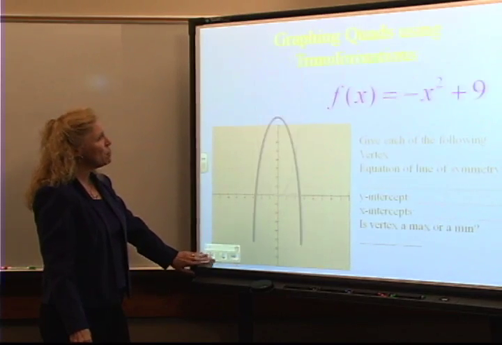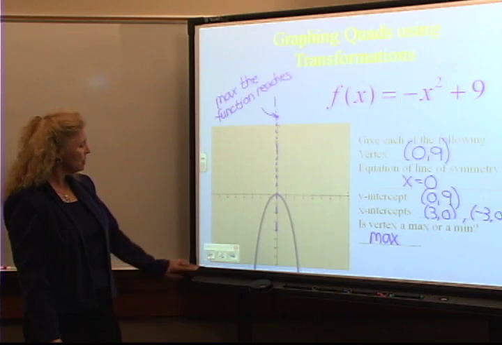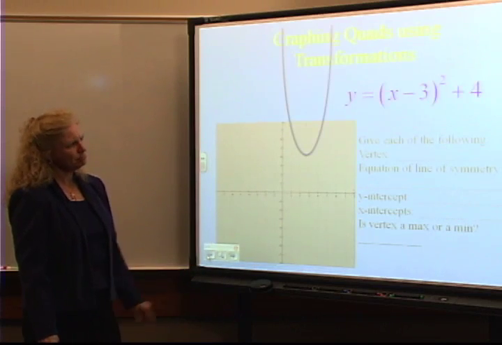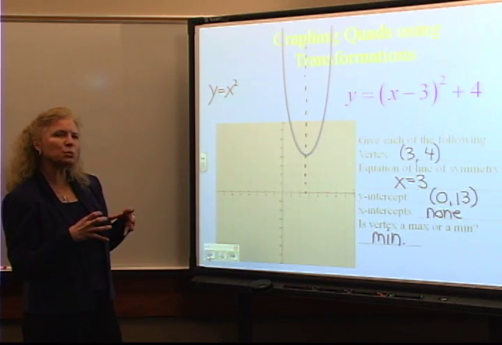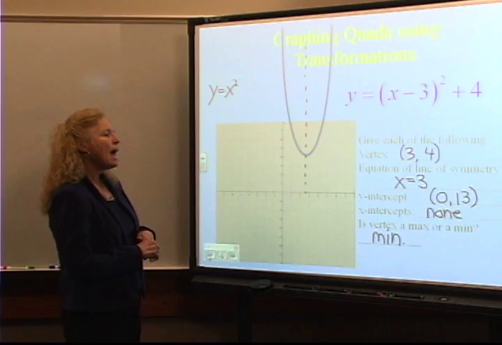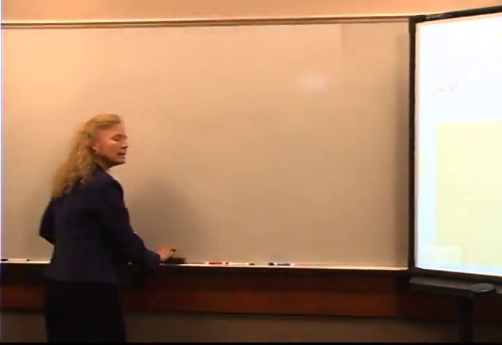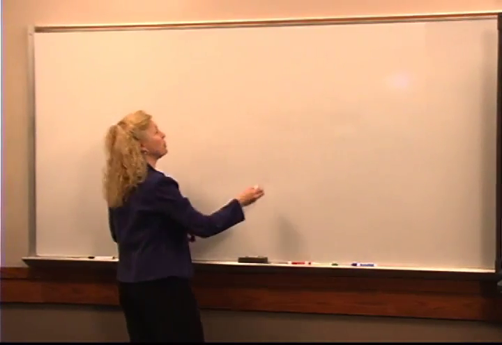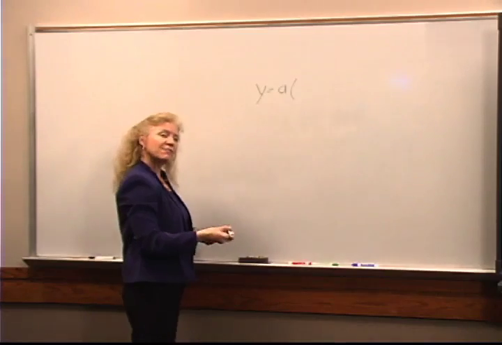Now, before I go on, what was really nice about these two particular equations that we worked with is the way the equation was written. There are two ways you are most likely to see the equations of your parabola. One is what I call the vertex form.